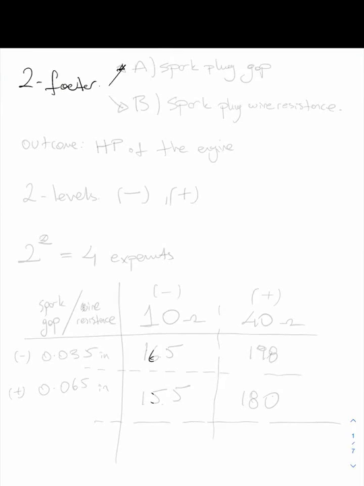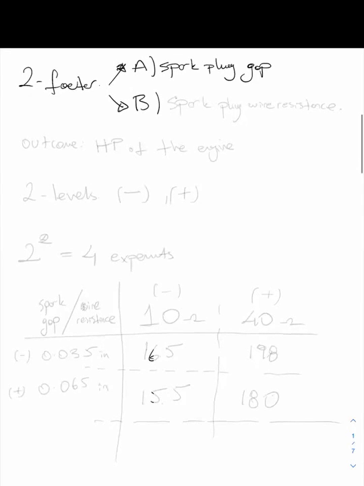Let's say the factor 1, let's call it A, is going to be spark plug gap, and your factor B is going to be spark plug wire resistance.